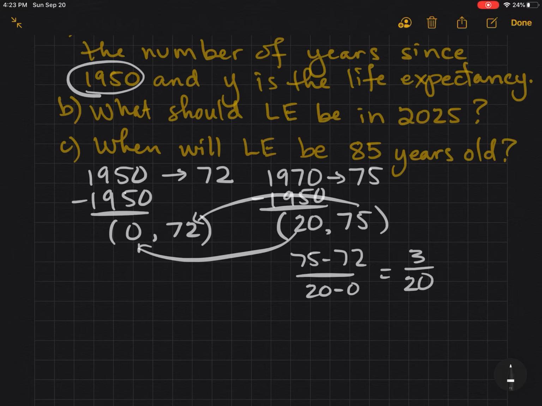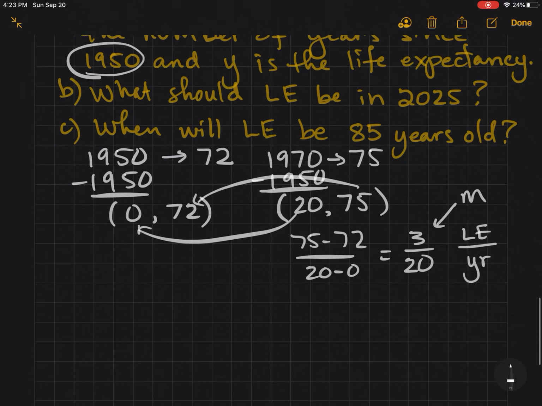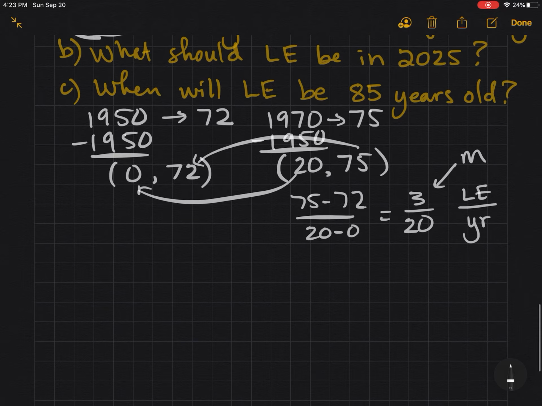And I can already see my slope represents 3 years of life expectancy for 20 years. So we've gained 3 years of life expectancy every 20 years. And we could speculate as to why that's true, maybe technology or medical advances. So let's go ahead and finish writing the model.